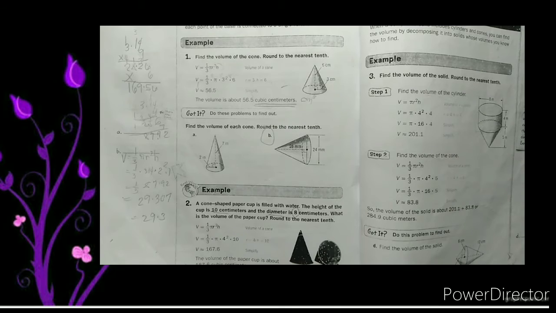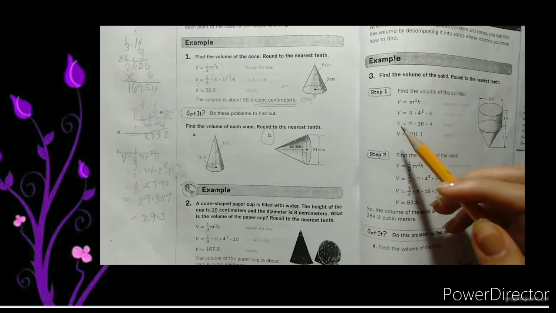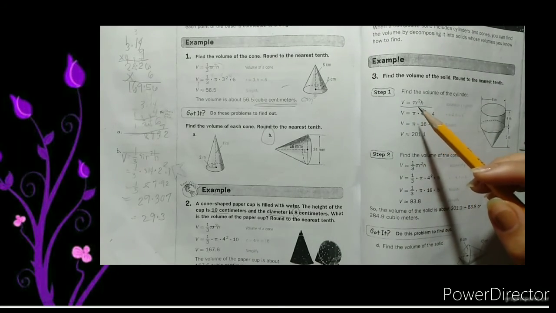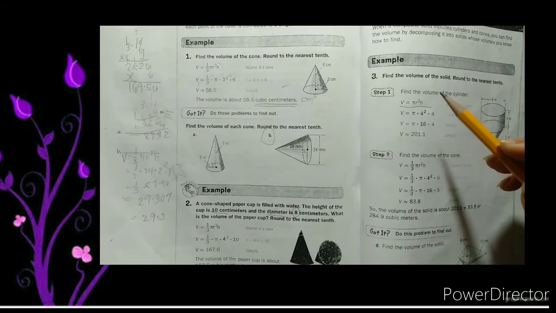So first, you need to find the volume of the cylinder. Remember the formula: to get the volume of the cylinder, the formula you will use is volume equals pi times radius squared times the height.